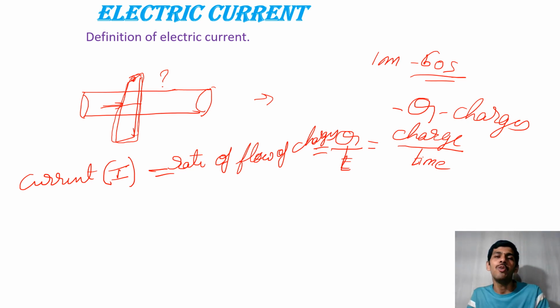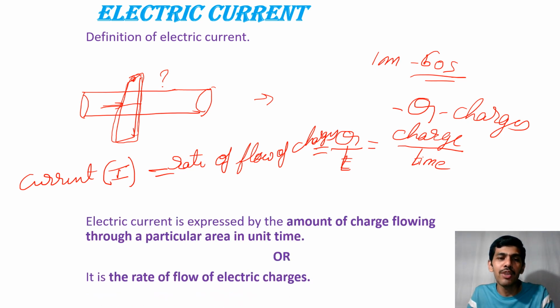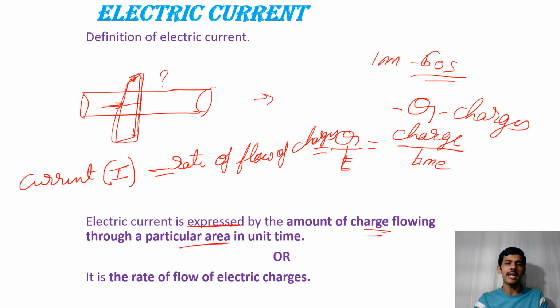That ratio we call the current. So what is the definition of electric current? Electric current is expressed by the amount of charge flowing through a particular area in unit time. That is the meaning.